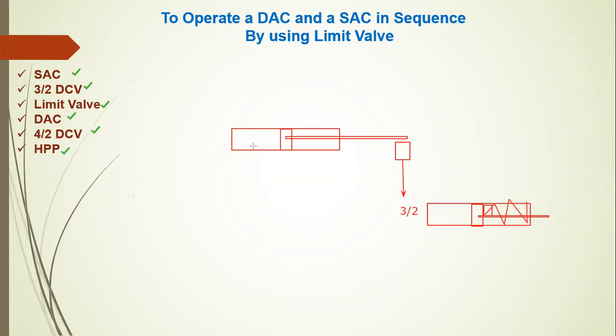To operate the double acting cylinder we require one 4 by 2 DCV, and we also require one HPP, hydraulic power pack. These are the basic fundamentals and the required number of components.